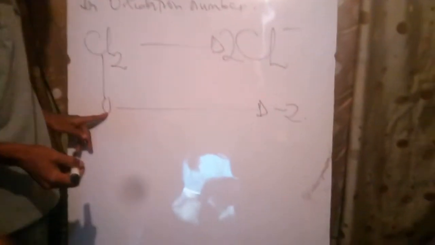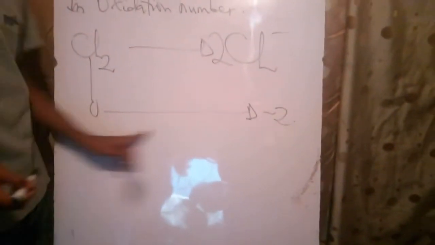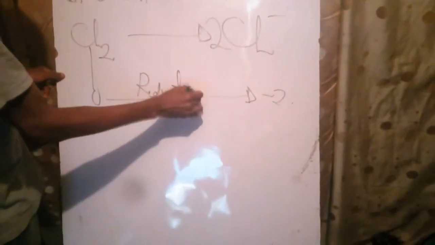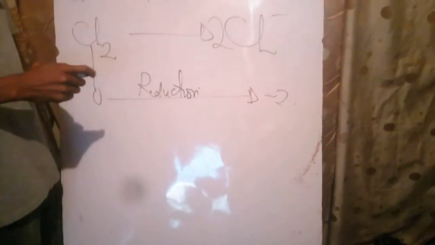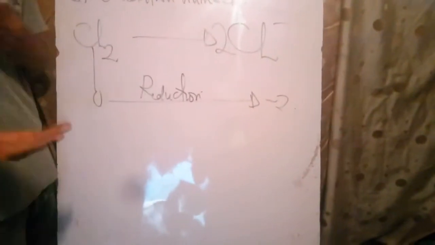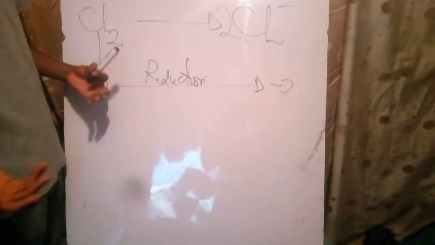So its oxidation number has decreased from 0 to -2. This decrease in oxidation number is called reduction. So in the first case, you can now say sodium has undergone oxidation or is oxidized, and here you will say chlorine gas has been reduced or has undergone reduction.